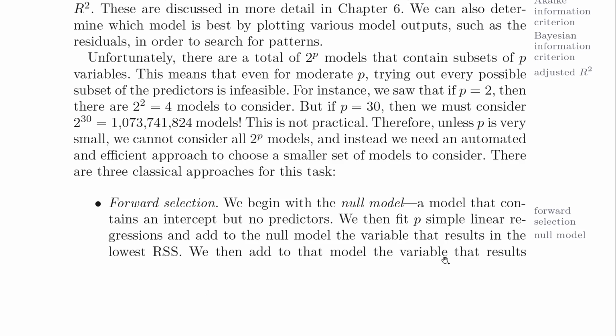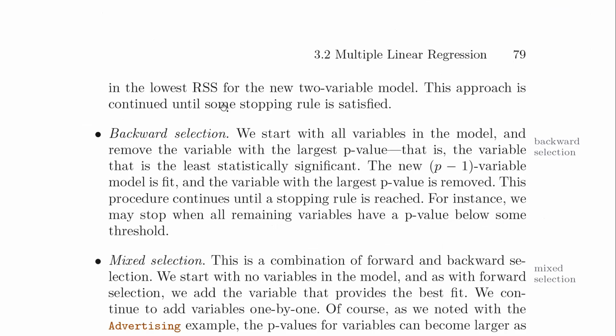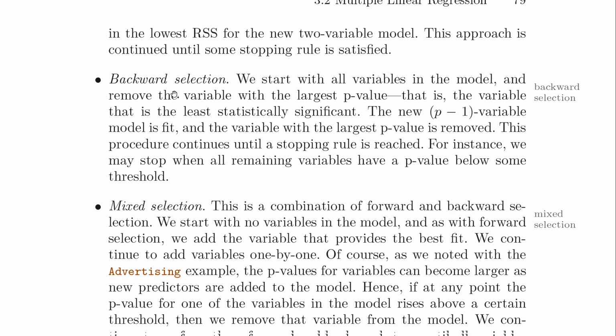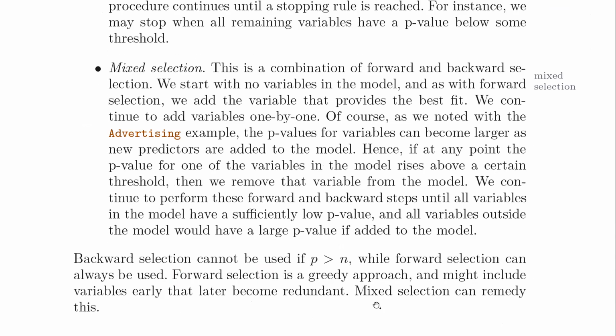Then we add to that model the variable that results in the lowest RSS for the new 2-variable model. This approach is continued until some stopping rule is satisfied. Cool, right? Backward selection, well, you go backwards: you start with all the variables, and then you start taking them out one by one. Mixed selection, we can look at it when we do chapter 6.